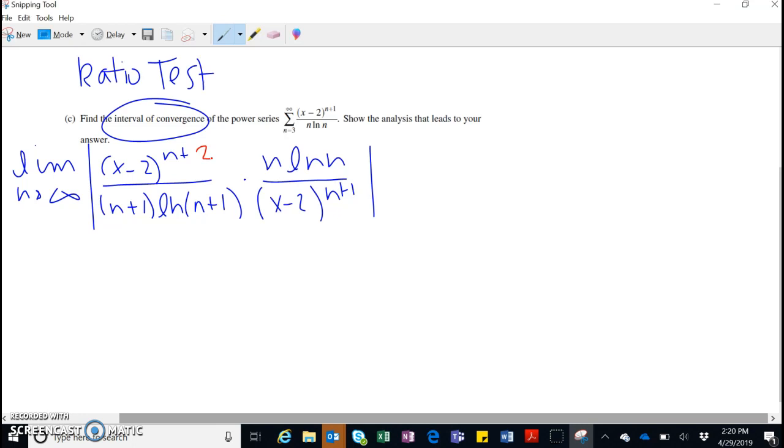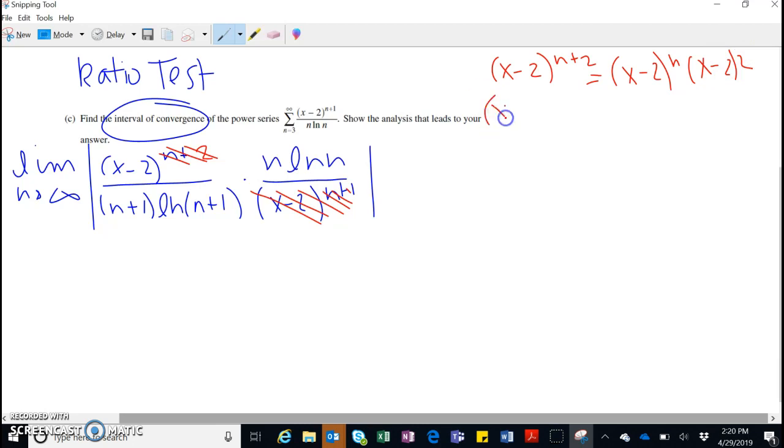Now that I've fixed the power, I've got (x minus 2) to the n plus 2 all over (x minus 2) to the n plus 1. This whole term down here is gone, and I'm left with a single x minus 2 up in my numerator. And if you're not remembering where that's coming from, side note, (x minus 2) to the n plus 2 is the same as (x minus 2) to the n times (x minus 2) squared.